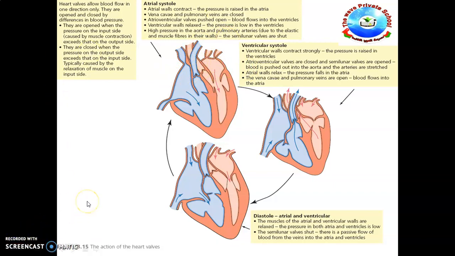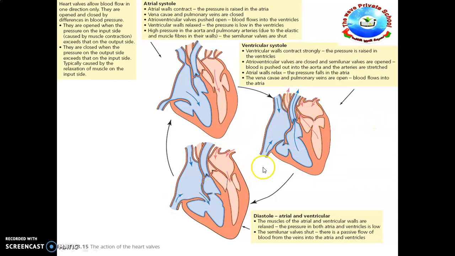Then the ventricles contract strongly because the pressure is raised in the ventricles. By this, the AV valves are both closed and the semilunar valves are opened.